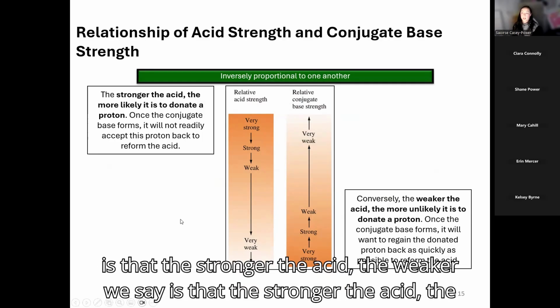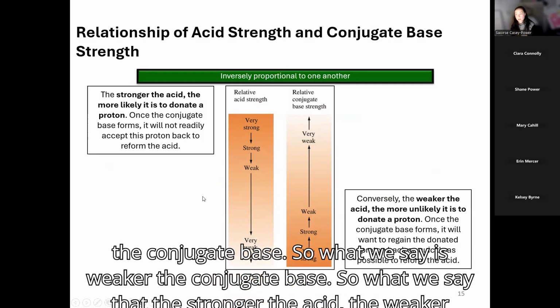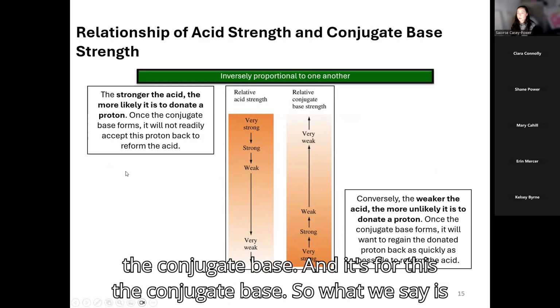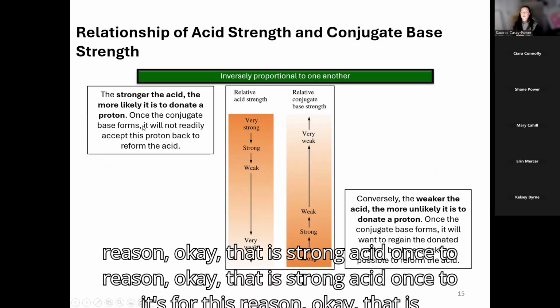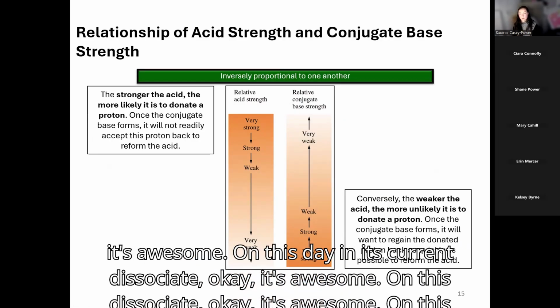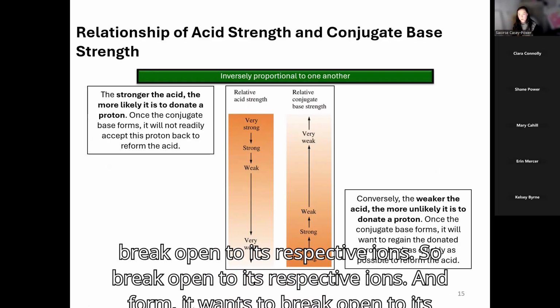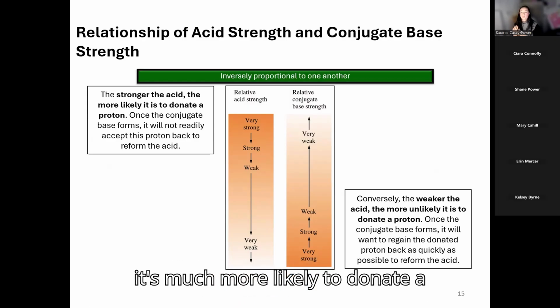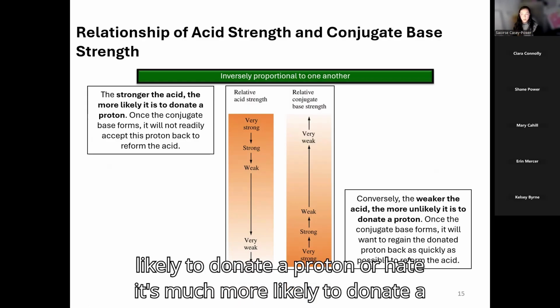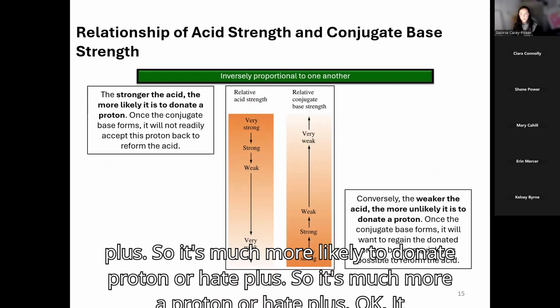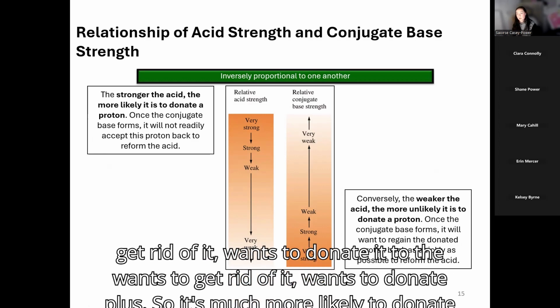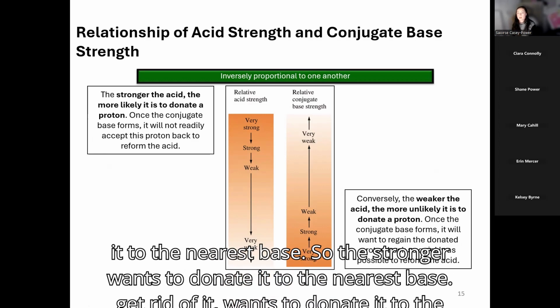So what we say is that the stronger the acid, the weaker the conjugate base. And it's for this reason: a strong acid wants to dissociate. It doesn't want to stay in its current form. It wants to break up into its respective ions, so it's much more likely to donate a proton or an H plus. It wants to get rid of it, to donate it to the nearest base.